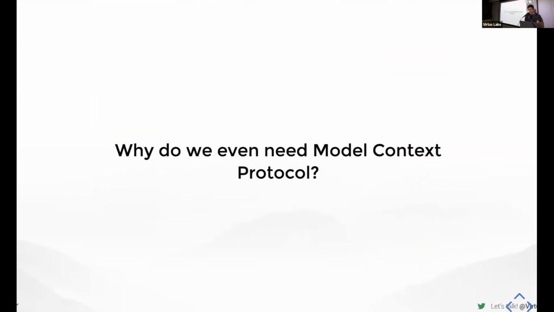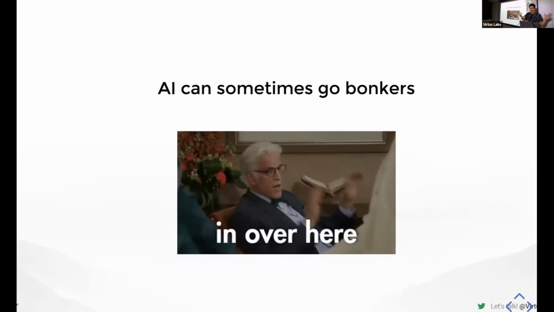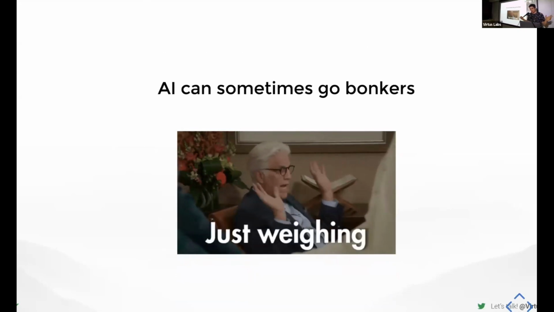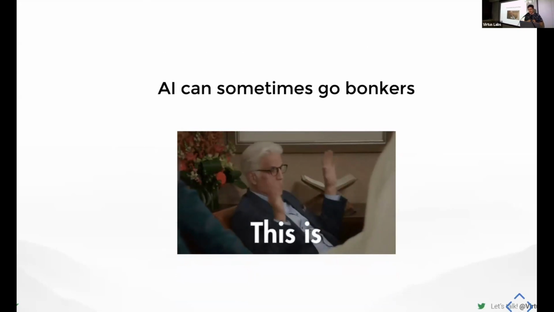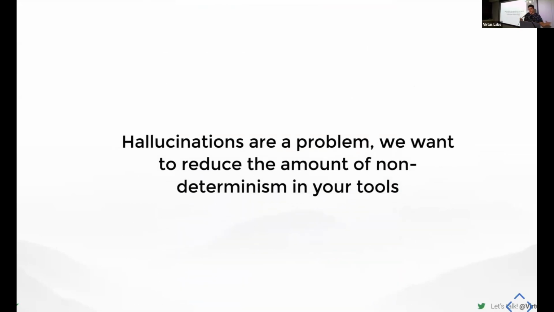Why do we need that? Obviously, I already said that, but it's not only the weather. It's also any kind of hallucinations, because AI can go crazy, bonkers. So sometimes you get answers that you're not really expecting, and something that is not helpful. So we want to reduce that amount of non-determinism in your tools, because this is yet another tool for you.